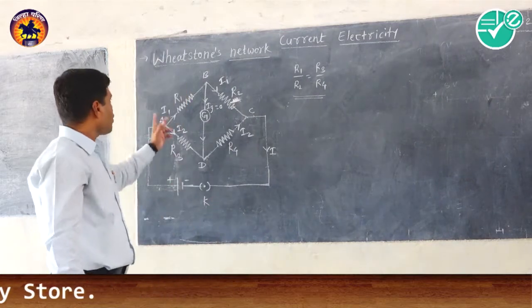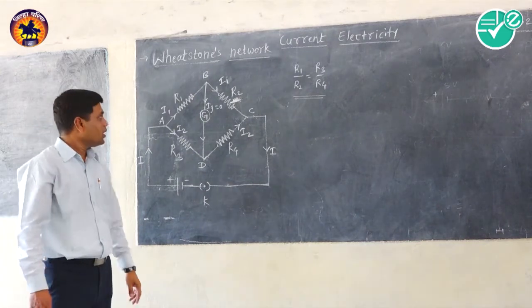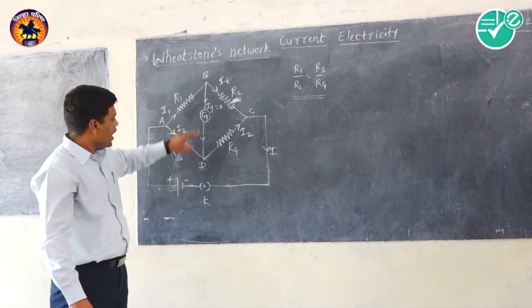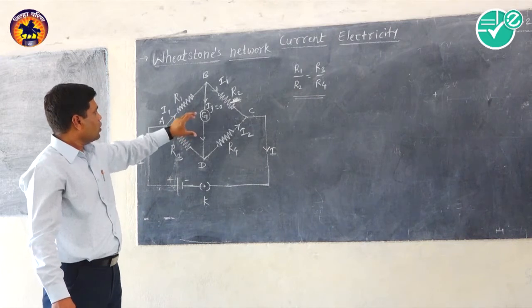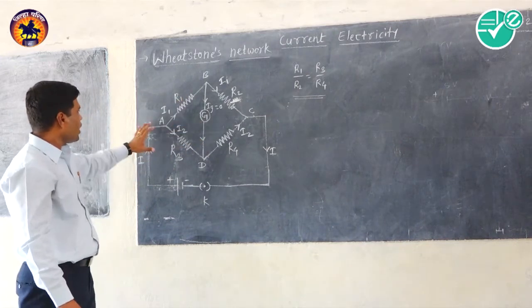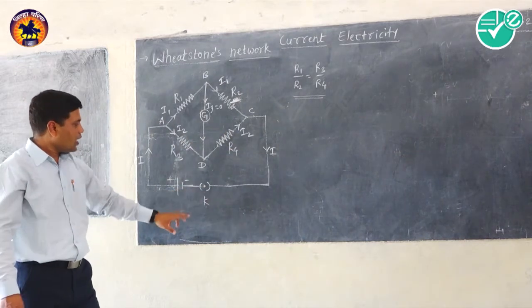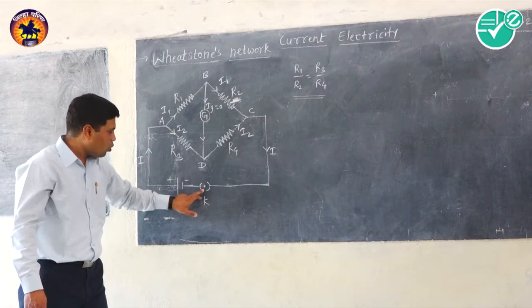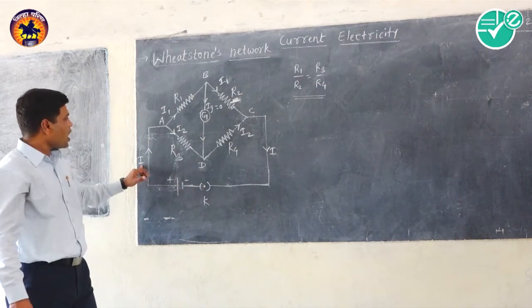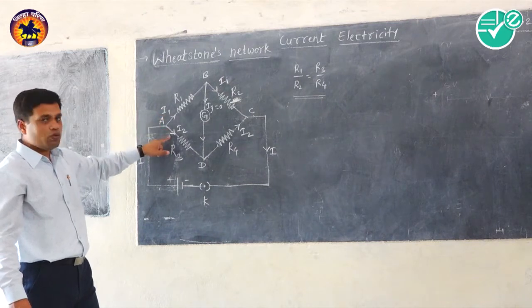It consists of 4 resistors R1, R2, R3 and R4 in the form of a quadrilateral. Between the two vertices B and D, a sensitive galvanometer is connected, and the other two vertices are connected to a cell through a key. As you close the key, a current I starts flowing through the circuit, and this current is divided into I1 and I2.